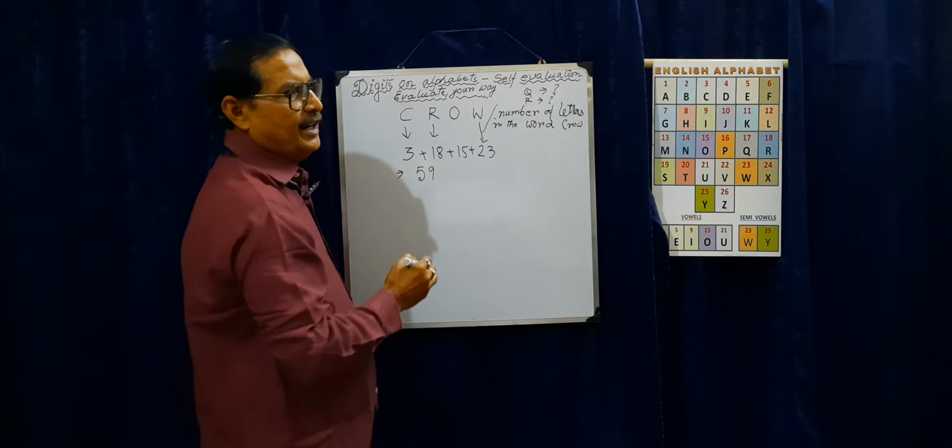Now let's see. The letter 14, which one is it denoting? Letter 14 is denoting N, and letter 3 is denoting C. So quotient is N and remainder is C. So we have divided crow by the number of letters in that particular word.